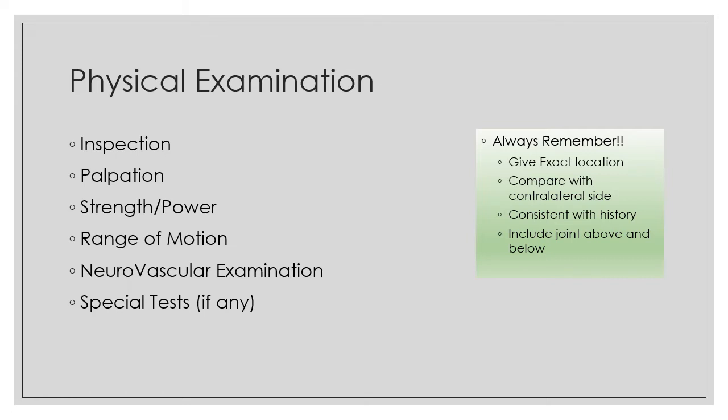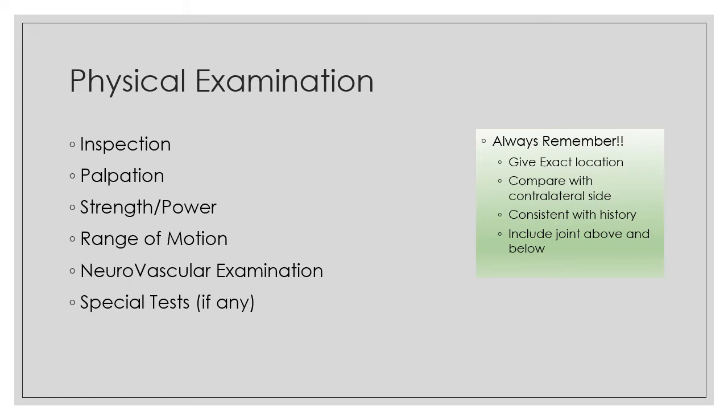So for the physical examination, the particular order is we inspect, as the particular dictum, we see, then before we move. So inspection, then palpation, then we check for strength or power, then do a range of motion, then the neurovascular examinations, and lastly we do our special tests if there's any.